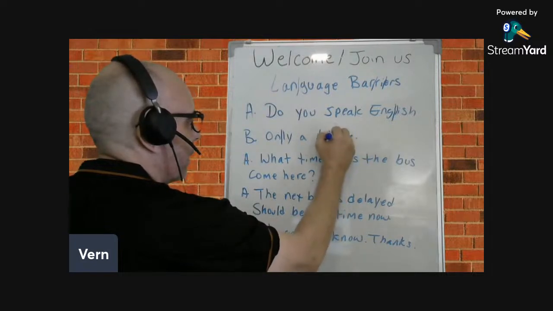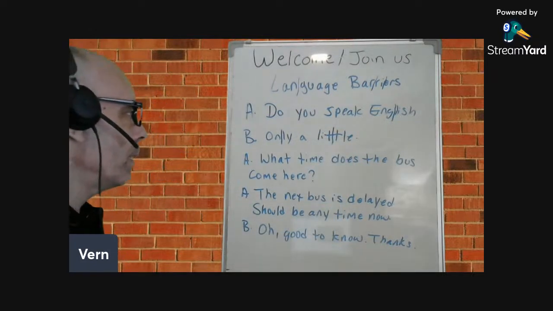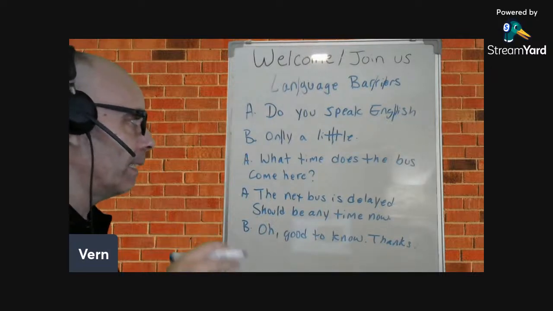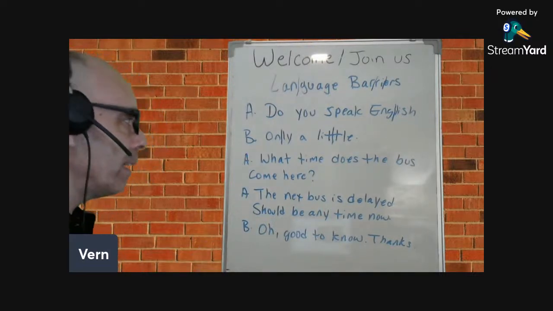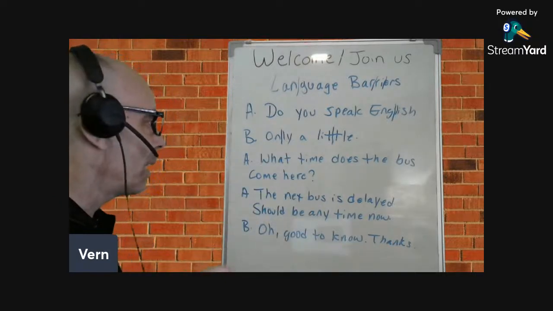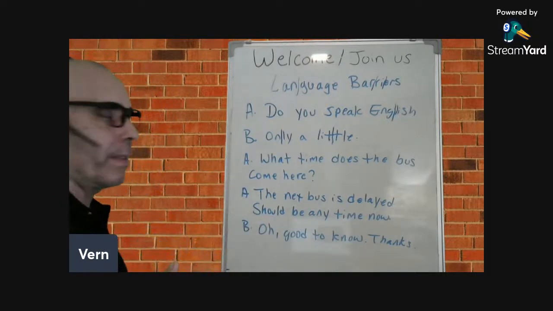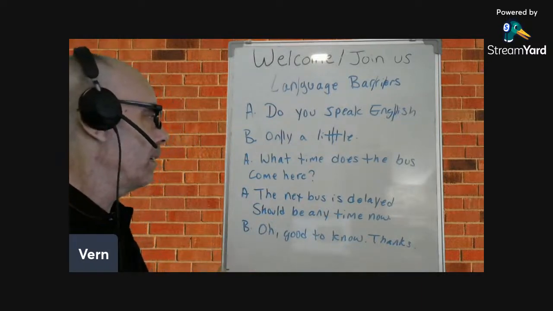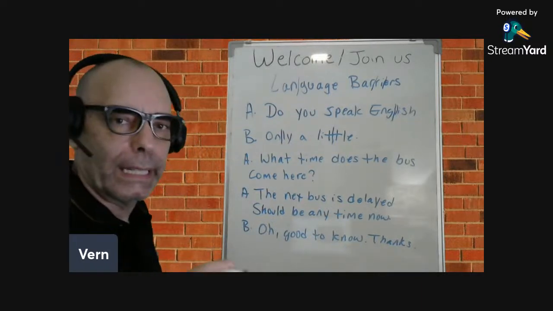Little. All right, now I can split it. Only a little. See, if we find the syllables, we need to say them clearly apart from one another. Only a little.